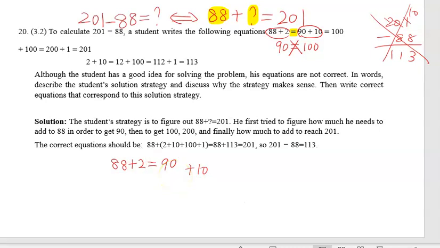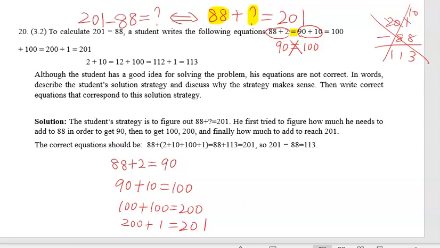Although this idea is correct, what we should write is, we shouldn't add another 10 after 90. We should start over again, start from 90 and add a 10 to get 100, and then start from 100, add another 100 to get 200, and start from 200, add a $1 to get 201. So his idea is correct, but he cannot write the equations like that.